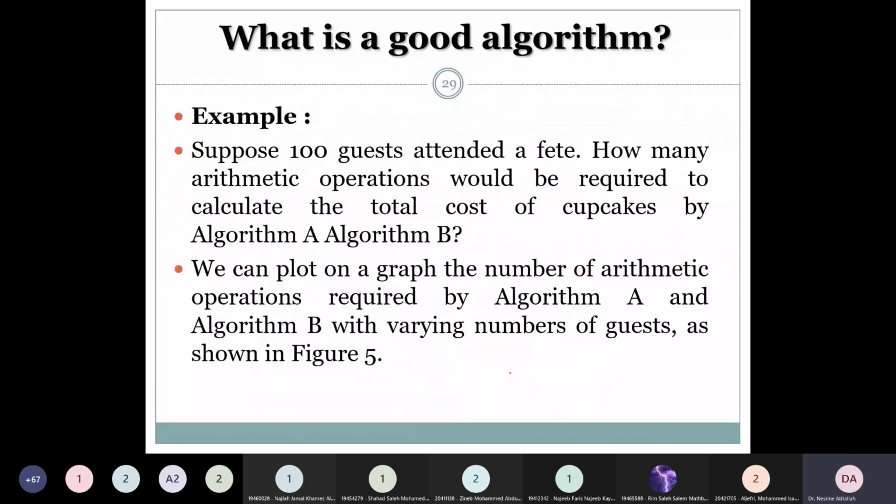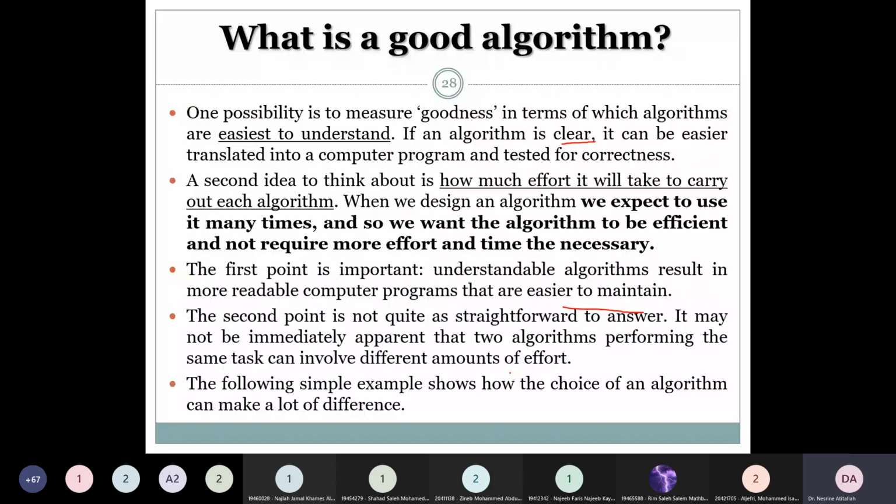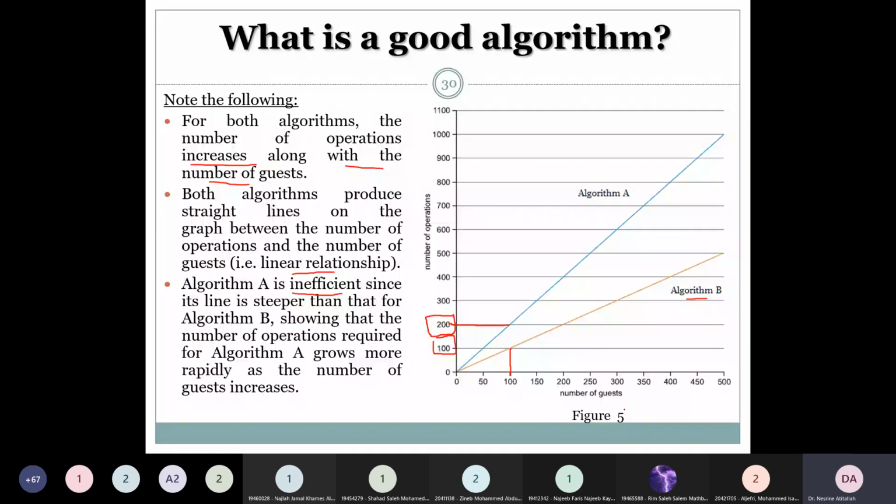When you have many algorithms, you need to make the choice of the efficient one, the good one, in terms of complexity, time, number of operations, etc. Is it clear now how we can say that it is a good algorithm? Clear? Okay.